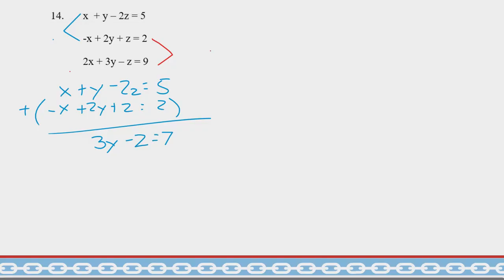And then for my second 2, negative x plus 2y plus z equals 2. Cross my z's there because all my z's and 2's look kind of the same. And then 2x plus 3y minus z equals 9.